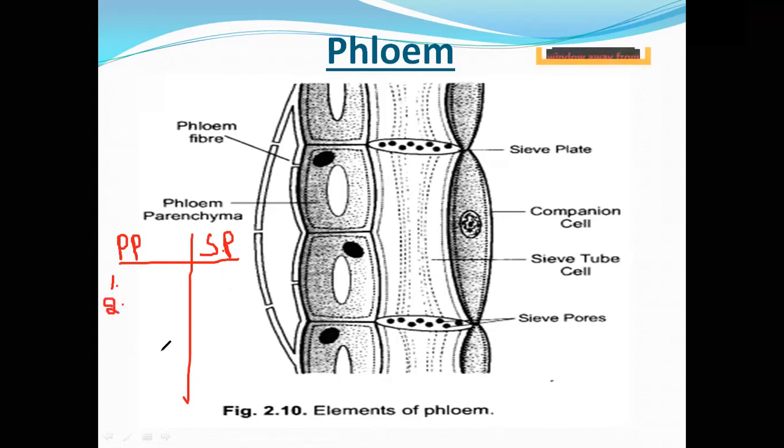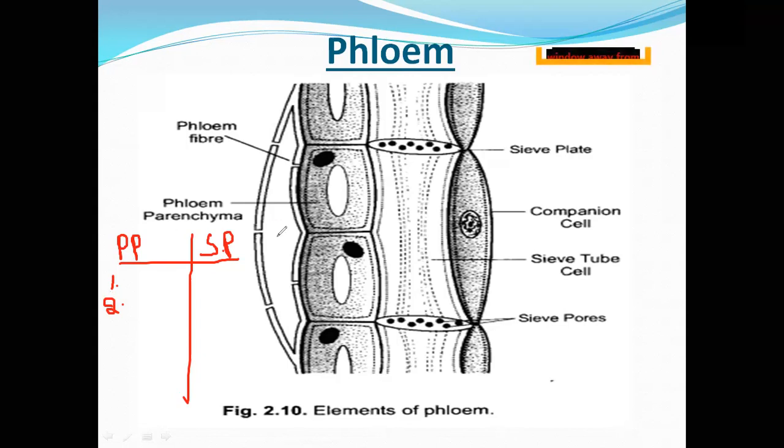Second difference is, the phloem fibers are found in the outer part of the primary phloem. In the secondary phloem, fibers are found among phloem parenchyma cells. In the primary phloem, sieve tubes are usually longer with a narrow lumen, whereas in secondary phloem, sieve tubes are shorter with a very broad lumen.